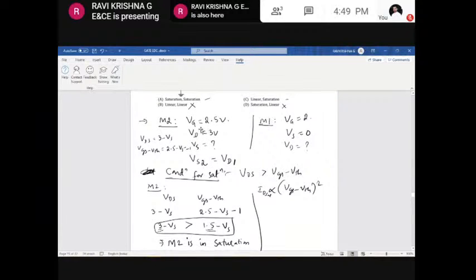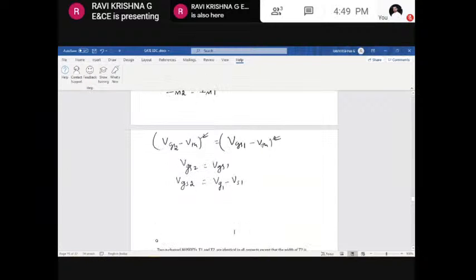What is the VGS value for transistor M2? VGS is 2.5 minus VS of the transistor 2, and for M1 this is 2 minus 0, because VS is 0 here. So for the transistor M1, VGS is equal to 2. So VG2 minus VS2 is equal to 2.